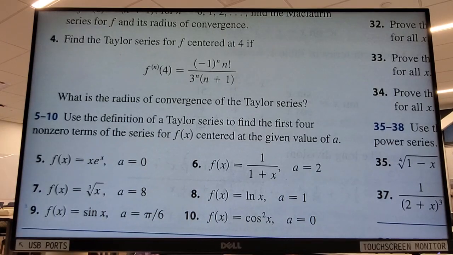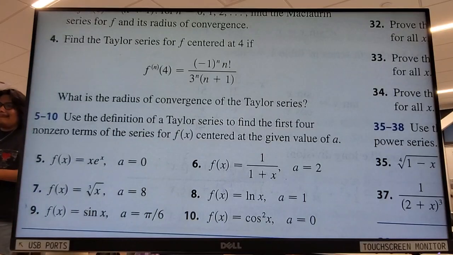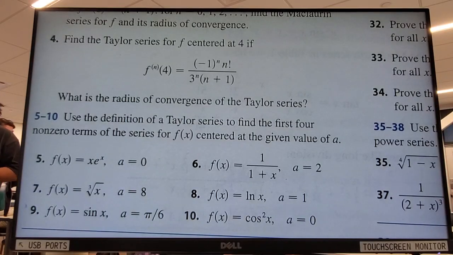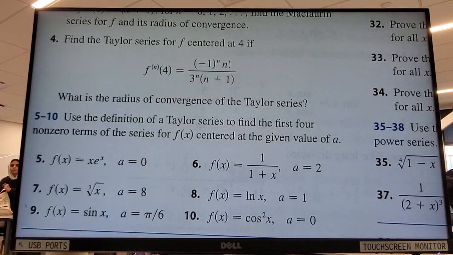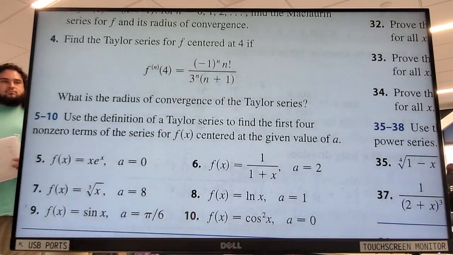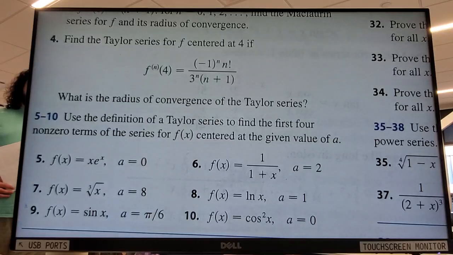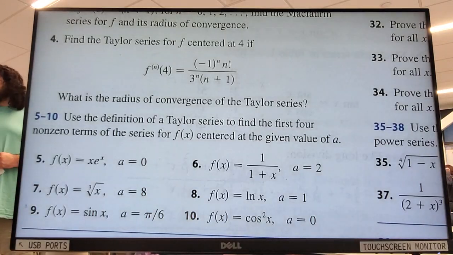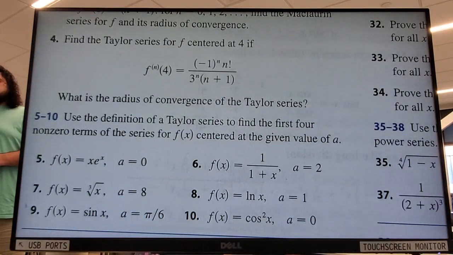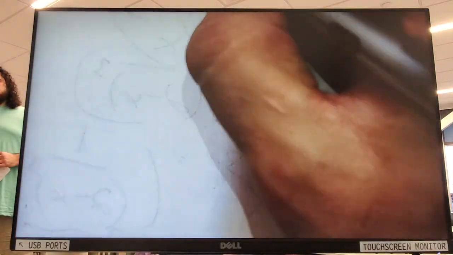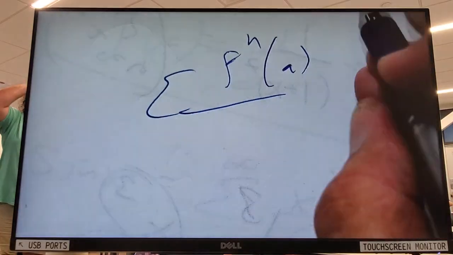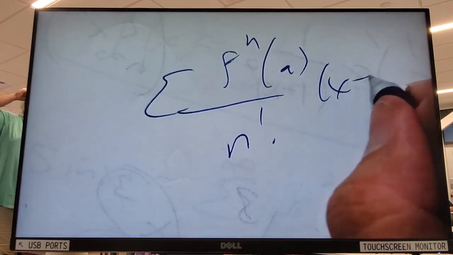So, we've already given you the form. What is a? What are they building? They've already done all the work. They did all the derivatives. They put 4 in each one. So you just have to throw that in the summation. You're done. Now be careful. You remember, it's the nth derivative divided by n factorial times x minus a to the n.